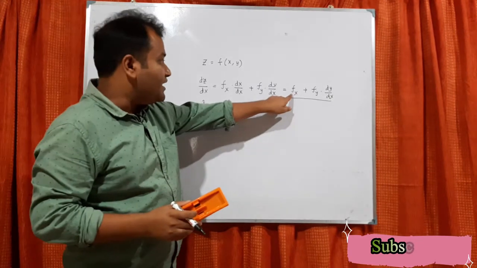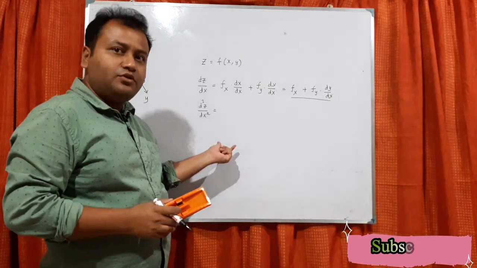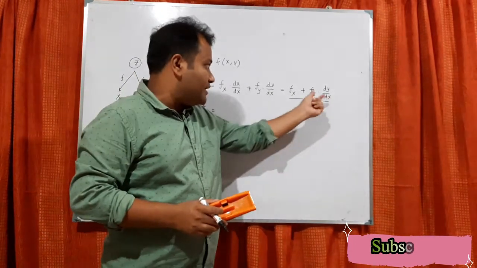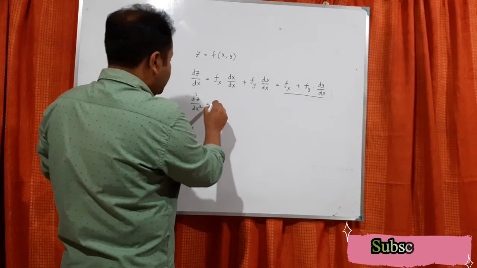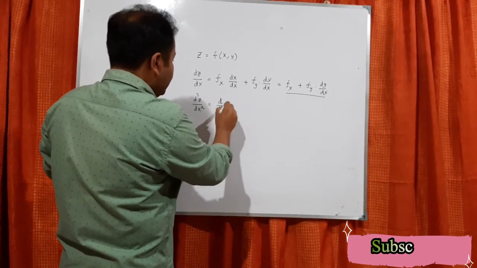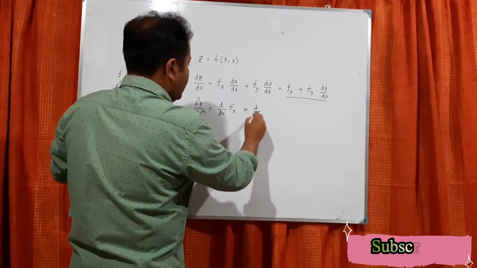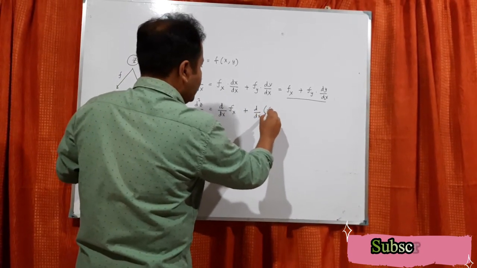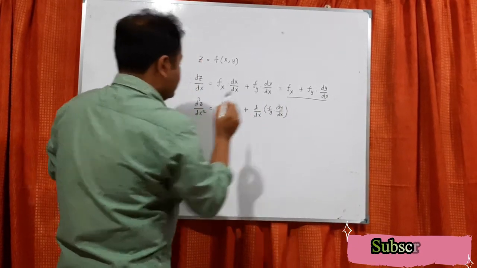Now there are two parts. First is fx, for which we have to take the derivative with respect to x. Another is the second part where a u into v form is there, right? So if I concentrate on the first part, we have to find d/dx of fx plus d/dx of fy into dy/dx. Okay.